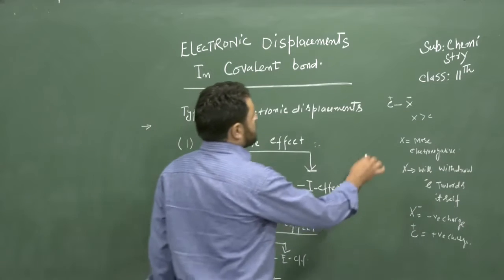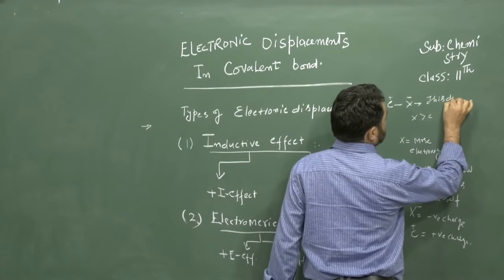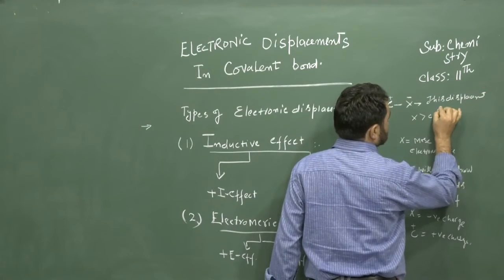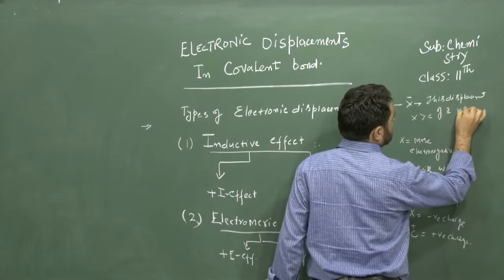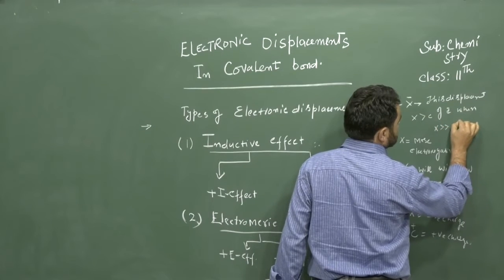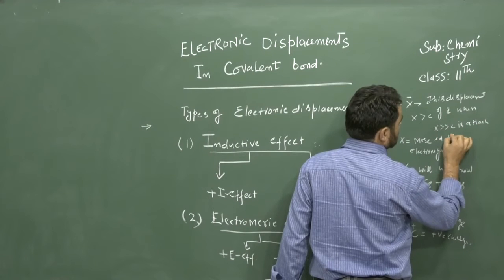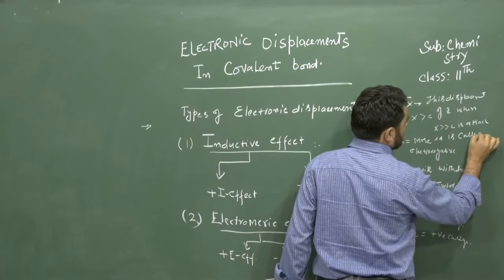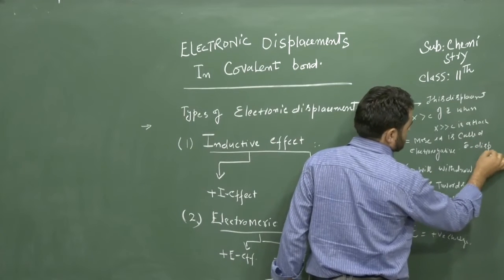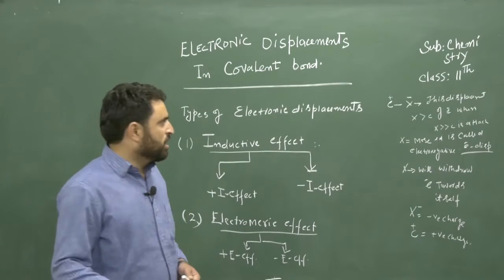This displacement of electron, when X, which is more electronegative than carbon, is attached, is called electronic displacement. It is always when there is a more electronegative atom.